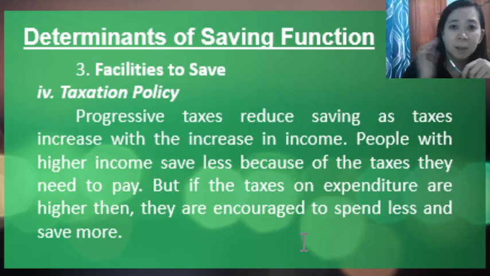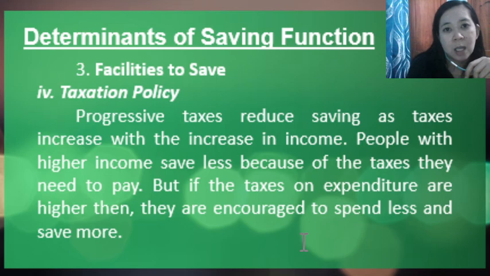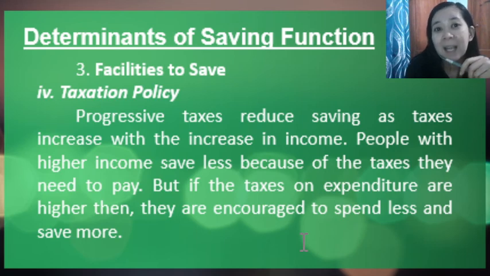If you could still remember earlier the concept that if there is an increase in pay or income, the tendency is that the savings will increase. However, because of the progressive taxes, as your income increases, your taxes will also increase. Therefore, it will result in reduced savings. So people with higher income save less because of the taxes that they need to pay.